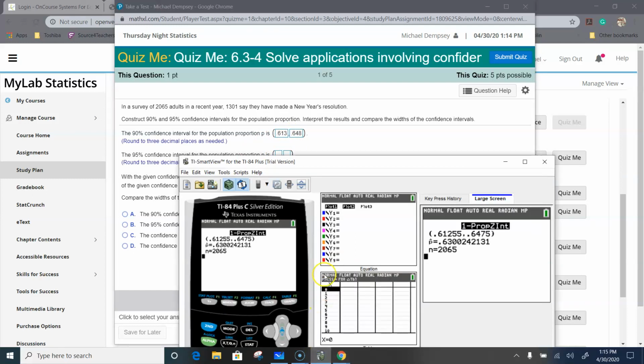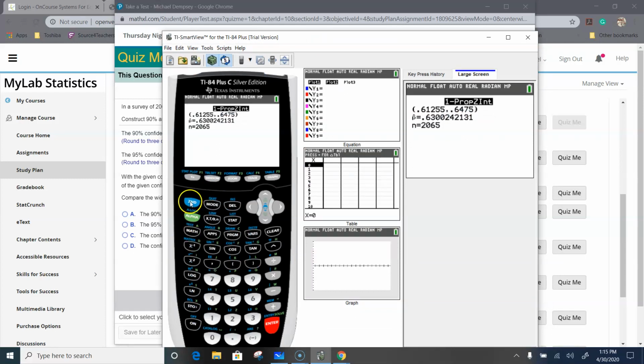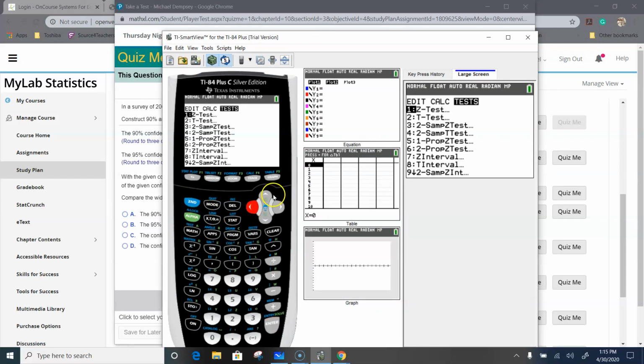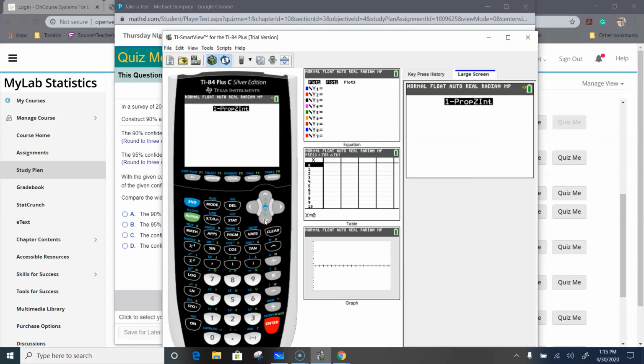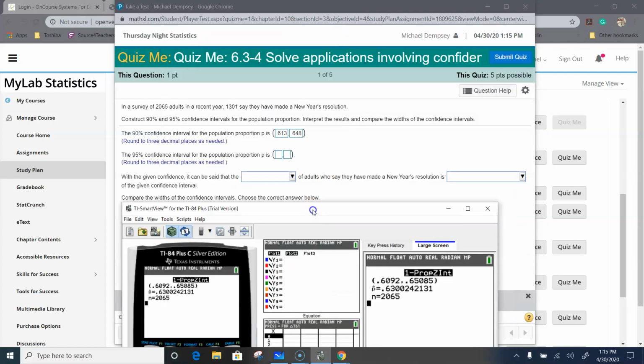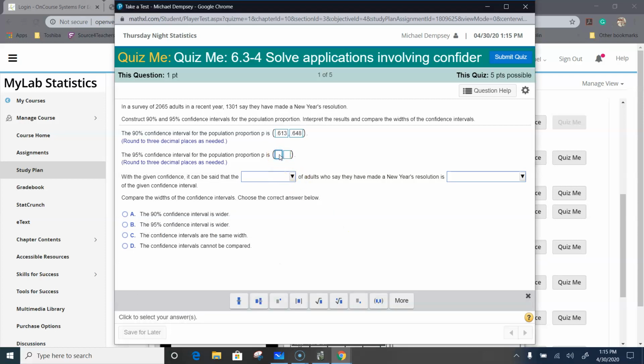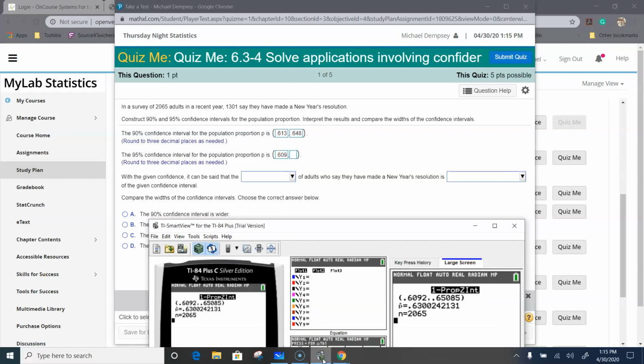And then for 95, do it again. Stat, test, and then get down to your 1 proportion z interval. That gives 0.609 to 0.651.